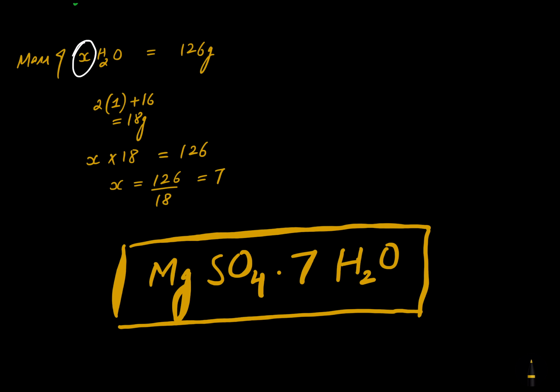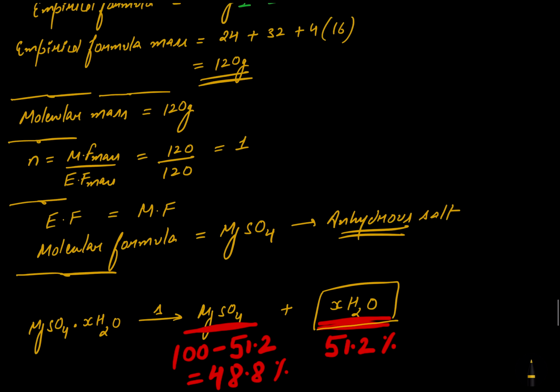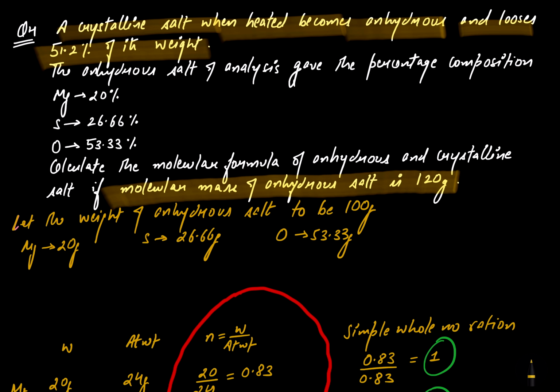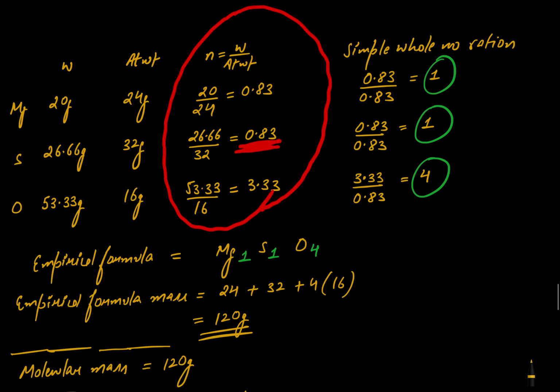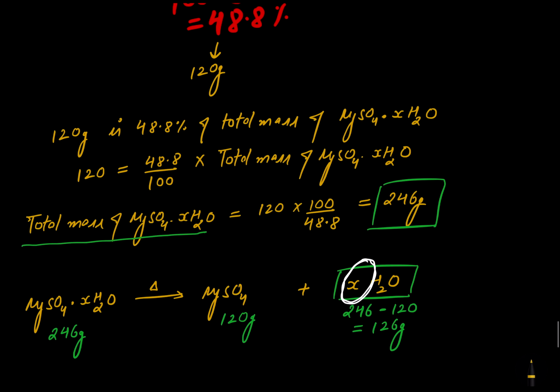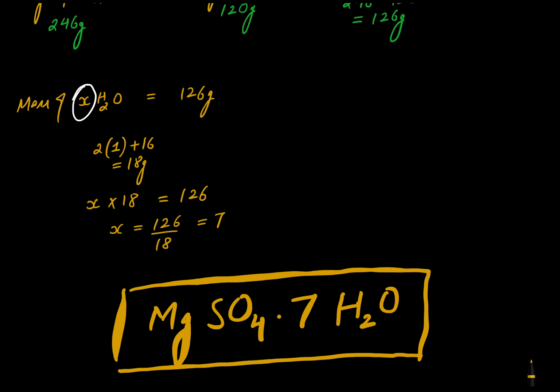That was my motive. Hopefully, my dear students, you got the last numerical. It was a bit confusing and tough one, but if you study it very carefully, or listen to this lecture very carefully, you will surely get this numerical.